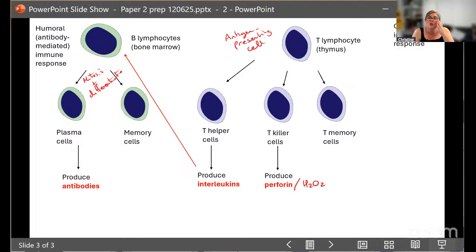What do perforins do? So the perforin is the chemical that's going to come in and burst the cell apart. So basically, if you've got a cell which is infected, let's say there's a virus inside, and that virus is going to be using the organelles inside to make more copies of itself, using the enzymes to make more copies of itself.